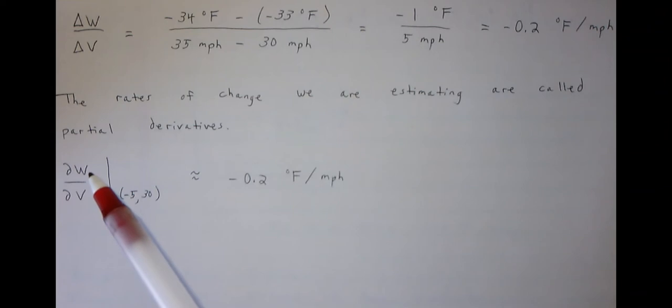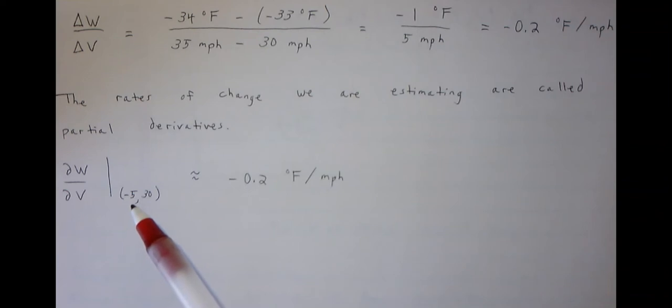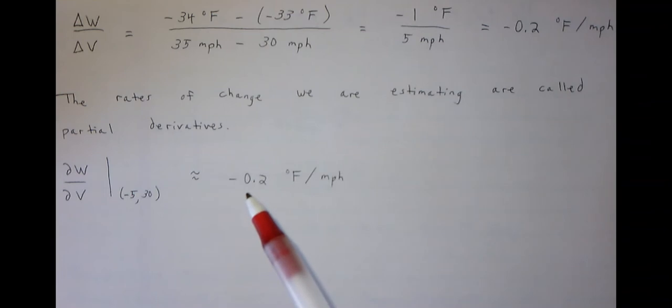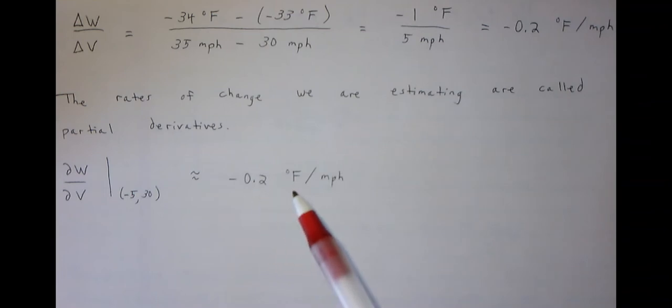So this just denotes the partial derivative of W with respect to V. And I want it for a temperature of -5 degrees Fahrenheit and a wind speed of 30 miles per hour. So I'll use this notation to denote that. And we saw that this is roughly -0.2 degrees Fahrenheit per mile per hour.